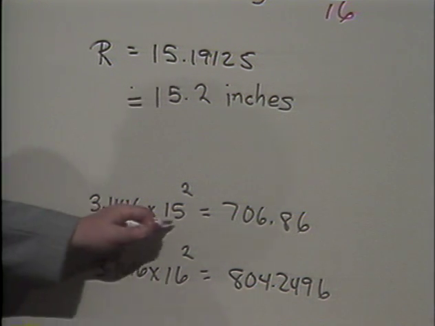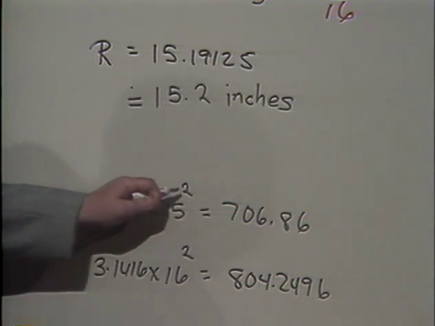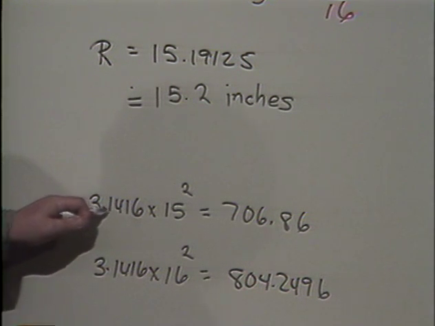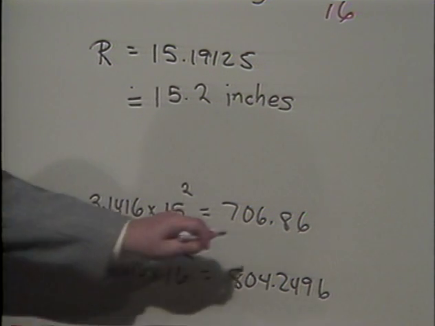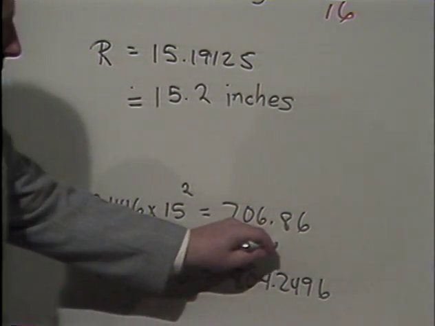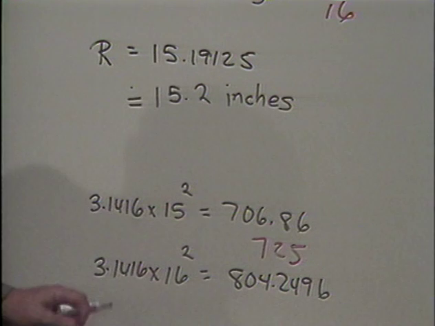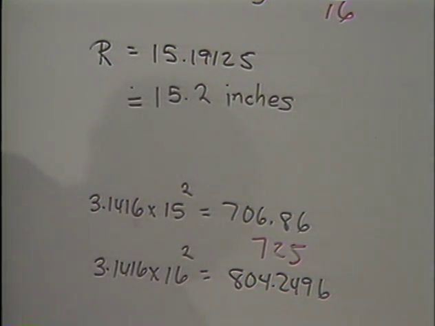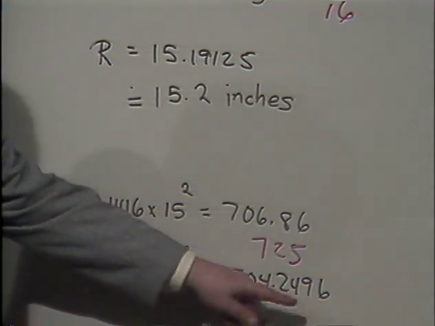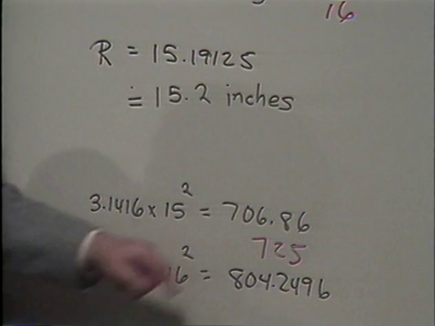But if I wanted a quicker check, I take 15, I square it, I multiply by 3.1416. That gives me 706.86, which is too small to be the right answer. Then I try 16, I square that, multiply that by 3.1416. That gives me 804.2496. That's too big to be the right answer.